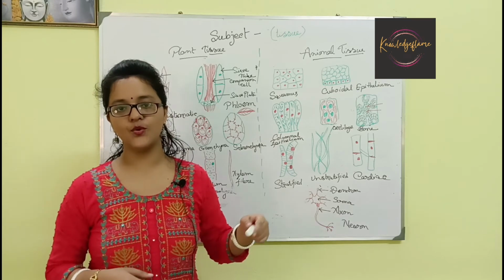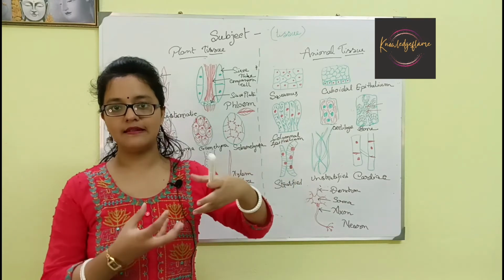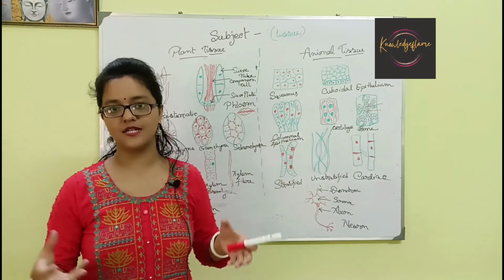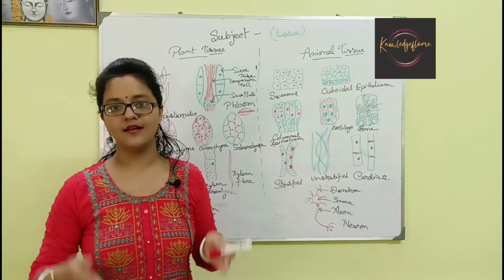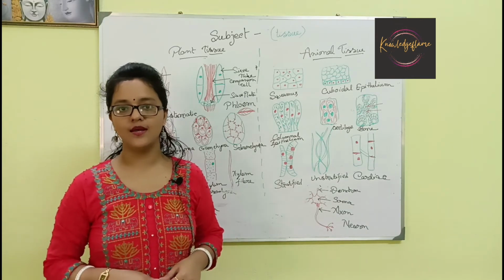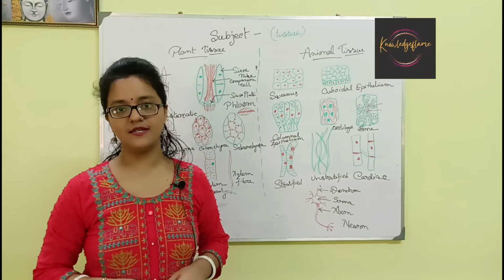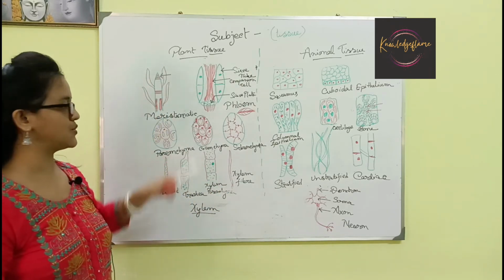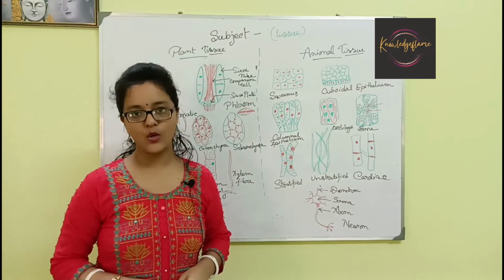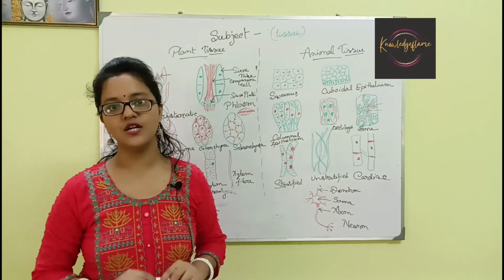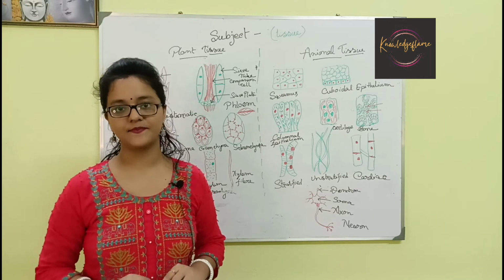Apical meristematic tissue helps in the elongation in length, and lateral meristematic tissue helps in the lateral side growth of the plant. There is also intercalary meristematic tissue, which is found in the base of the leaf, and it helps in the longitudinal growth of the plant.